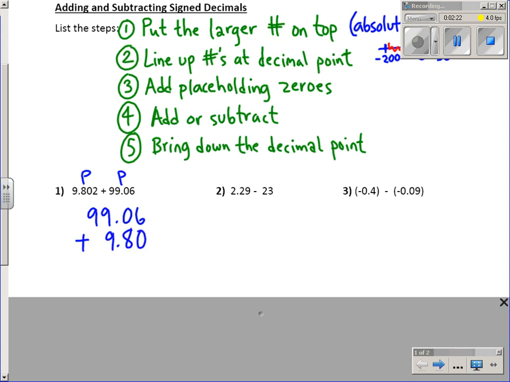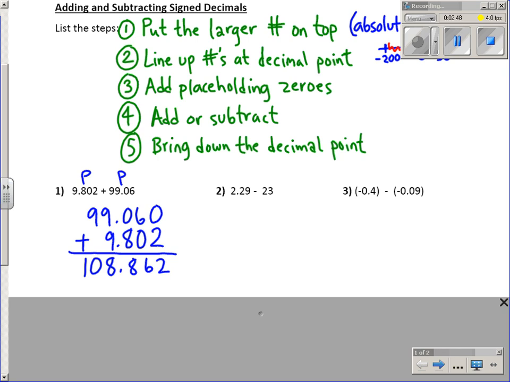Make sure the numbers are lined up nice and neat. Here I'm going to put a placeholding 0 up there, just so that we have all the same digits to the right of the decimal. Go ahead and add. And our answer would be 108.862.